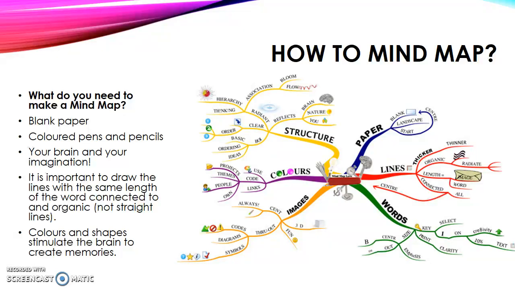Major ideas are connected directly to the central concept and other ideas branch out from those. It is really important to draw the lines with the same length as the word connected to. And this line should be more organic, not straight, because it's more appealing to the brain. Basically, colors and shapes stimulate the brain to create memories.